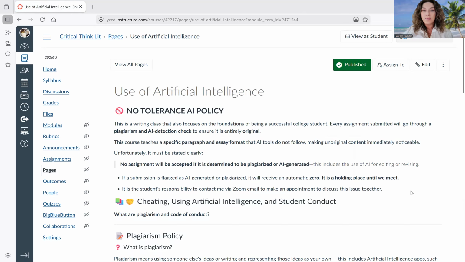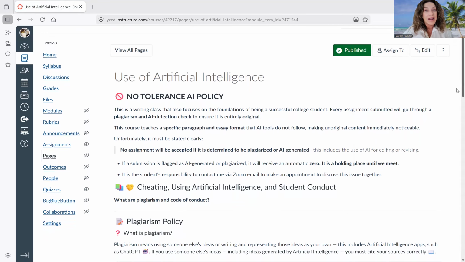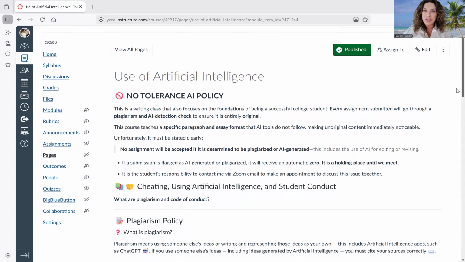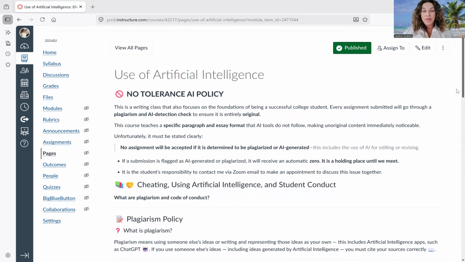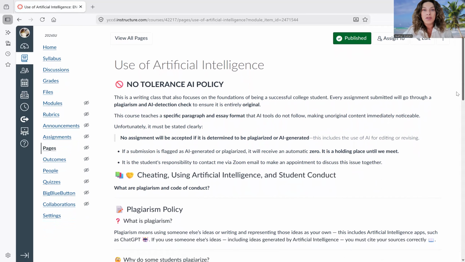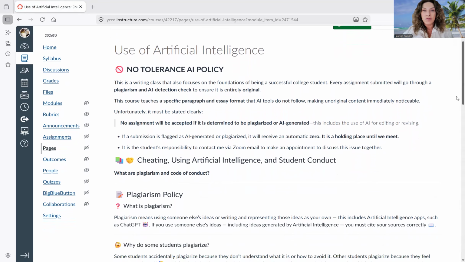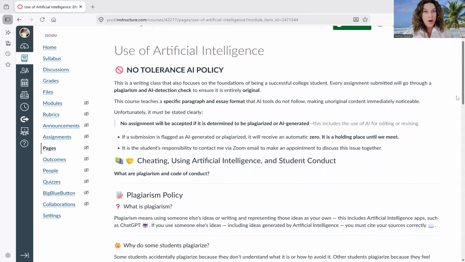So at this point, I'm sure everyone is well aware of what AI is and that it definitely shouldn't be used in college, but especially a writing class. So, if you would please take the time to read through the AI policy for this course, because all work is checked, like I said, for plagiarism and for AI.